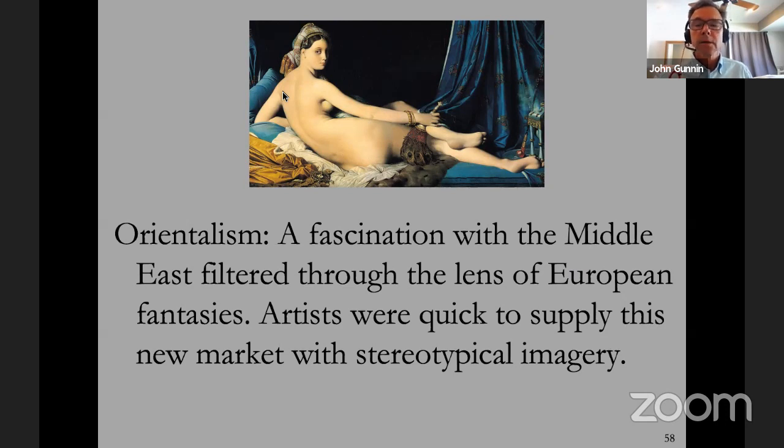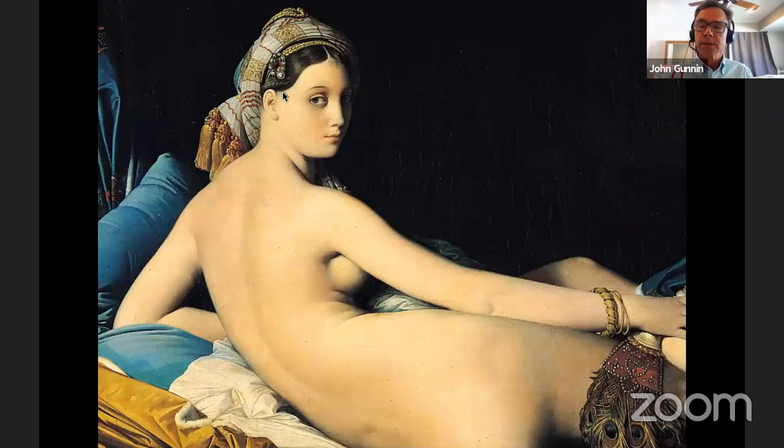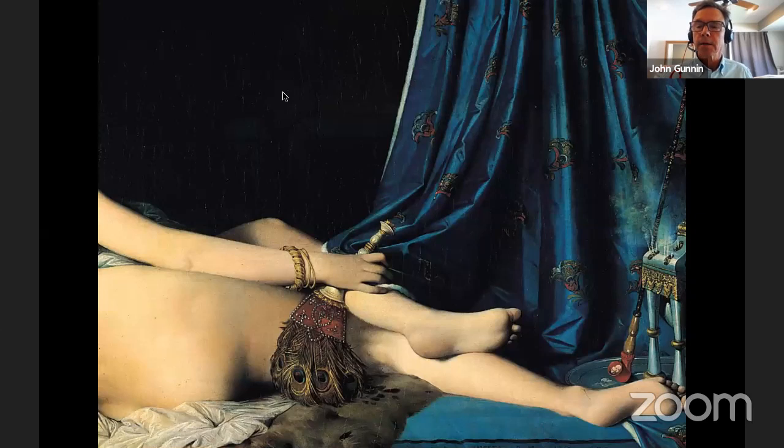Okay, so this is my attempt to describe Orientalism in a very short way. We can see that she has a peacock fan, a turban, a sort of jewel encrusted mirror, and then a hookah smoking pipe.